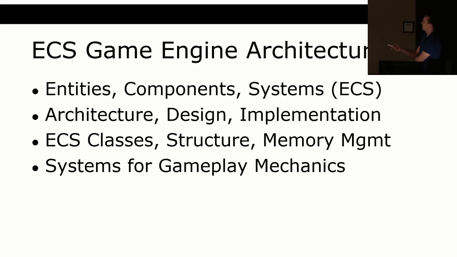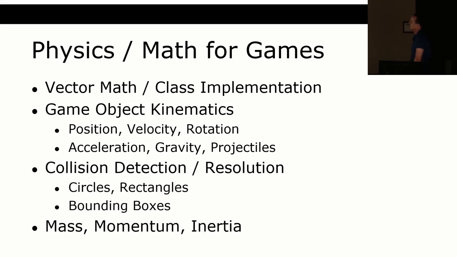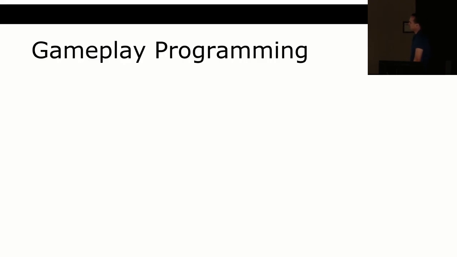So we'll talk about the architecture of it, how to design a system using it, and then how to implement the system that you've designed. The classes that we use for ECS, the structure, memory management, how we use it, the systems for gameplay mechanics, etc. We'll talk about some physics and math for games, all sorts of different things, collisions, bullets, all sorts of cool stuff.